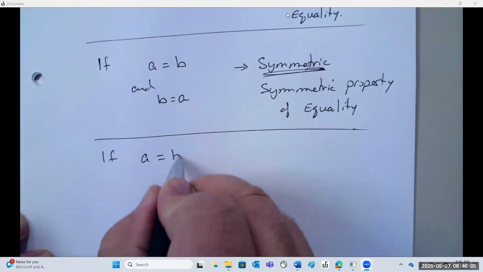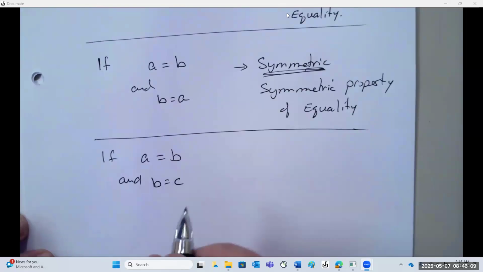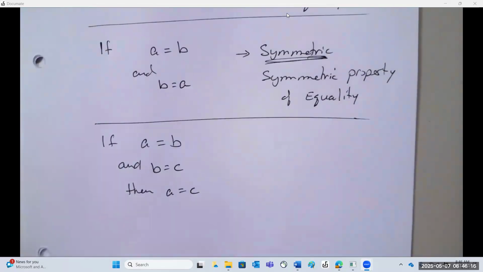If A equals B and B equals C, then A equals C. You ever seen that one before?